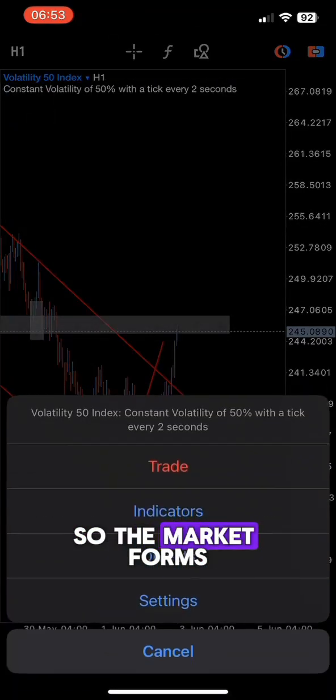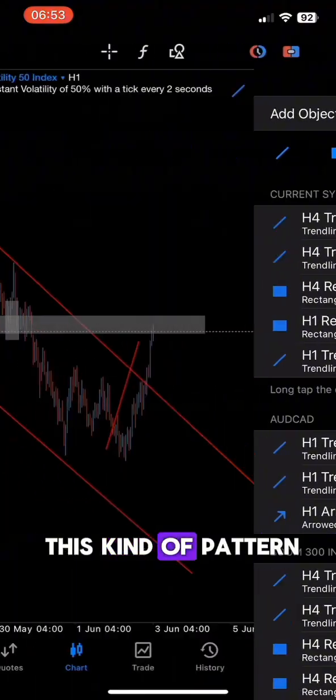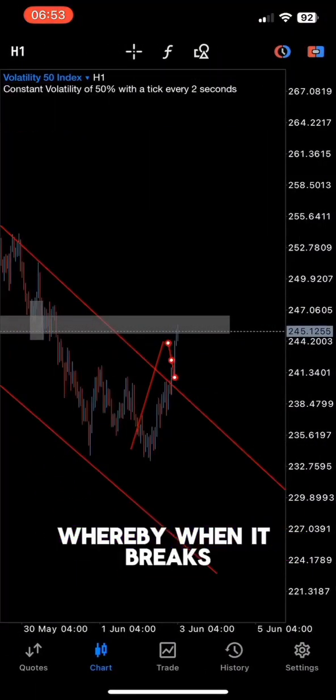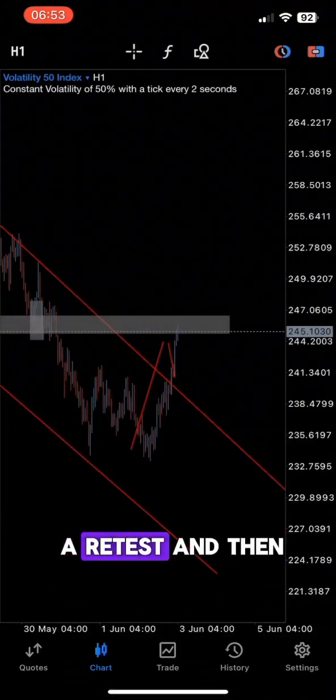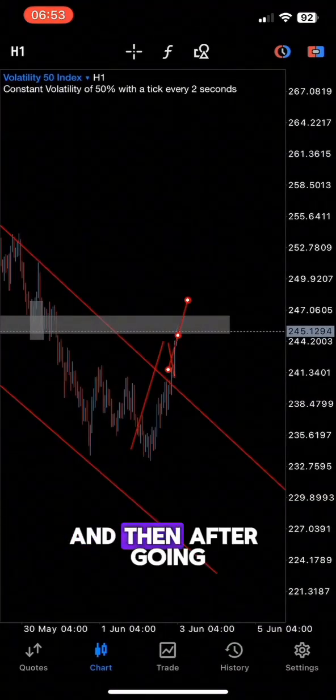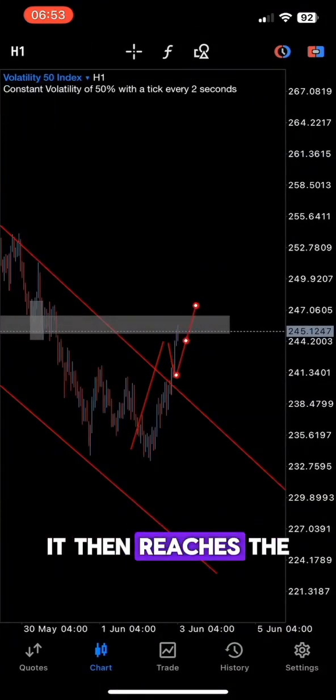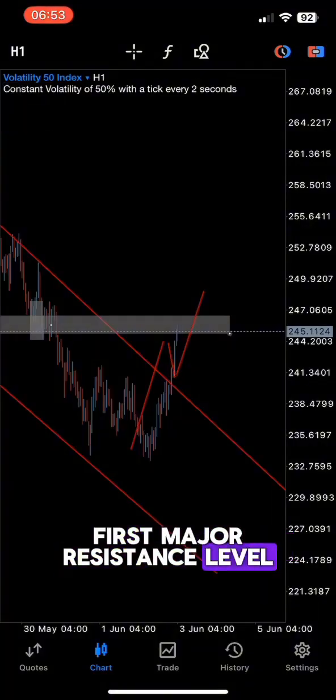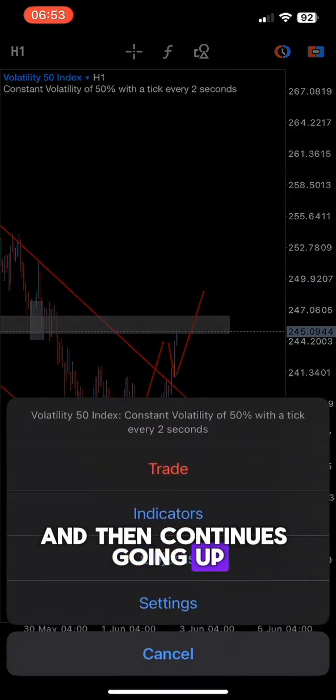So the market forms this kind of pattern whereby when it breaks to the upside, it comes back for a retest and then goes back up, and then after going back up, it then retests the first major resistance level and then continues going up.